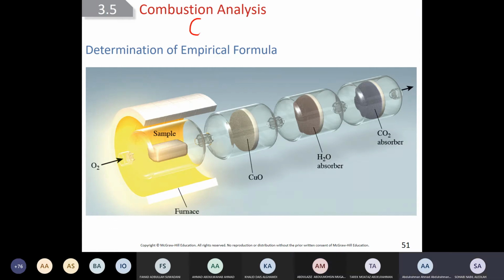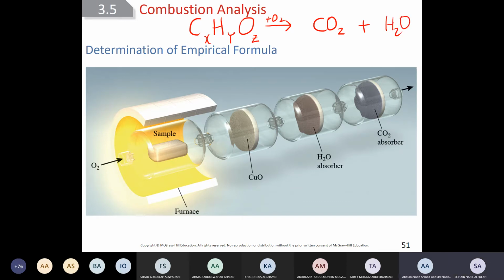Carbon and hydrogen, and sometimes oxygen. This is X, Y, and Z. Maybe there is oxygen, maybe there is no oxygen. When you react this with oxygen, what are you going to get? H2O, CO2, water and carbon dioxide.